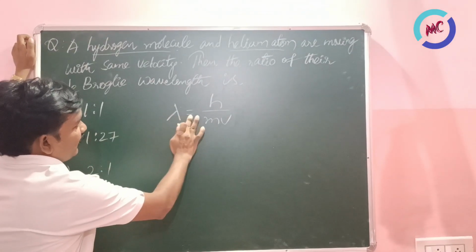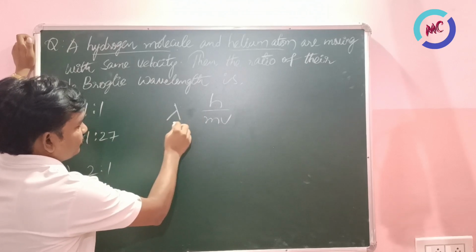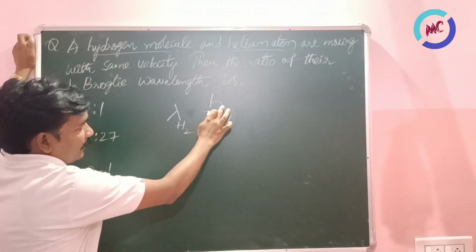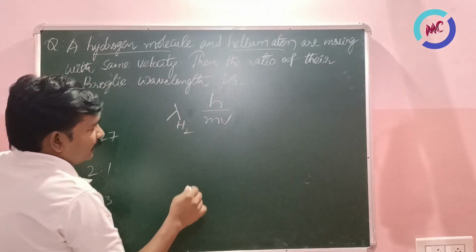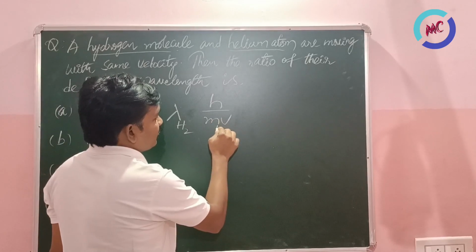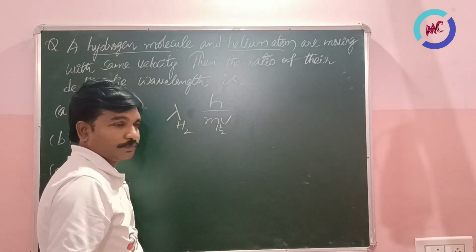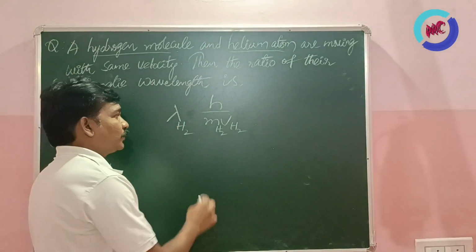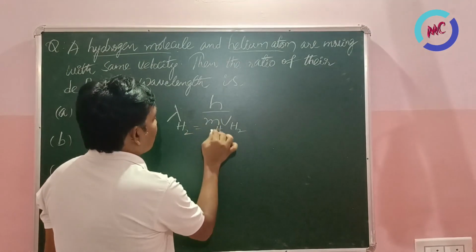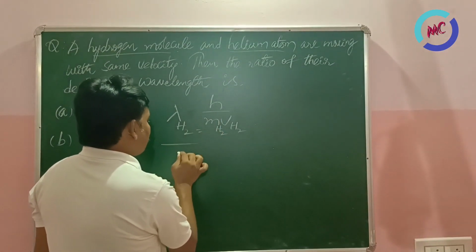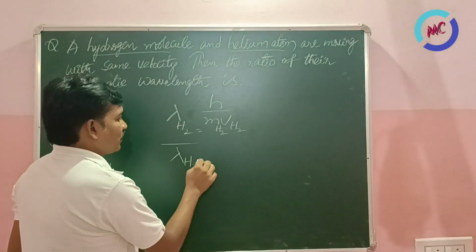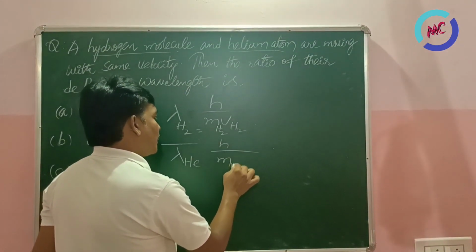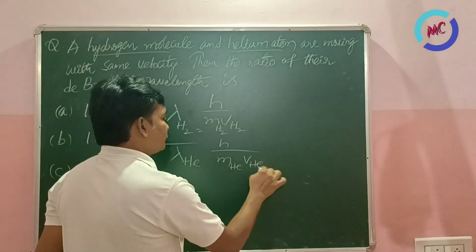If you consider this one for hydrogen molecule H2, then Planck's constant is constant, and m is the mass of hydrogen molecule, I am taking it as mH2, and v is the velocity of hydrogen molecule, vH2. Divided by wavelength of helium atom, that is equal to h by mass of helium into velocity of helium.